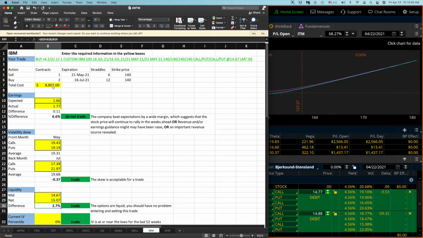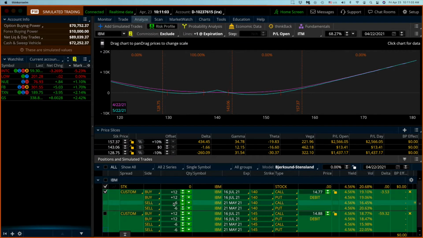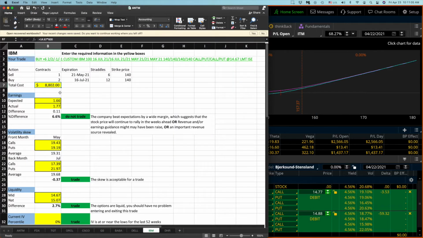So 2 of those, 2 lots, or 3 lots, 6 lots actually. Okay, 6 lots. All right, that's good. 6 lots will give me $8,800, which is less than 10% of my account.